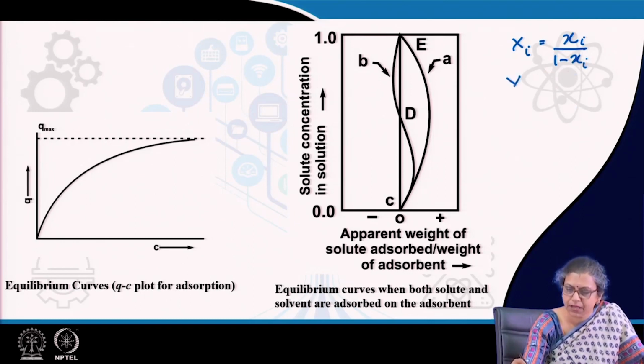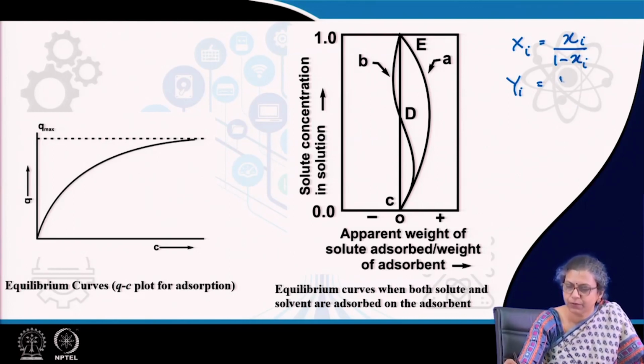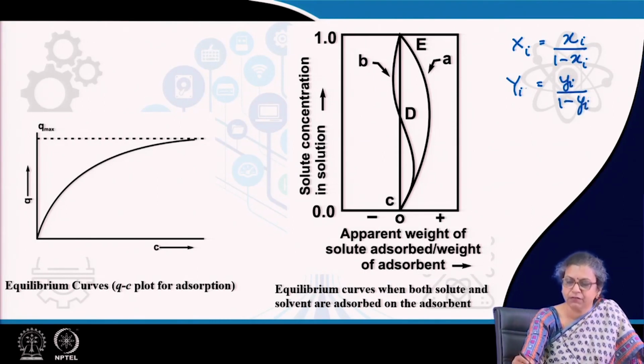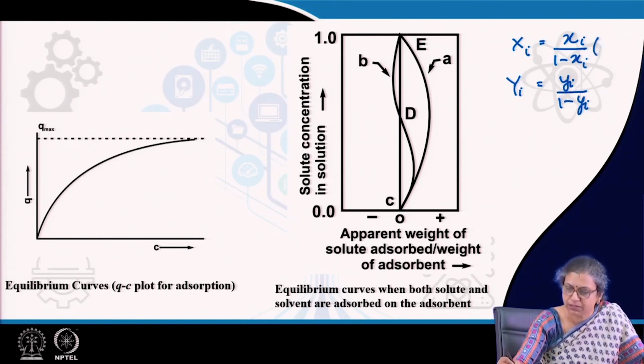In the same way, if we are dealing with the gas phase and the liquid phase, or vapor and liquid equilibrium, instead of xy data we can also represent the equilibrium in terms of capital X and capital Y data, which are known as the mole ratio.